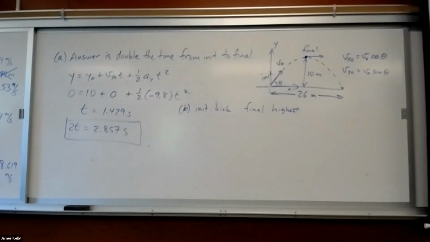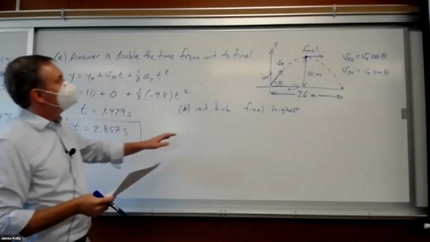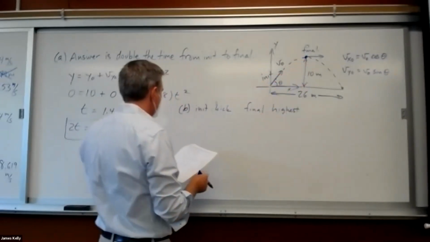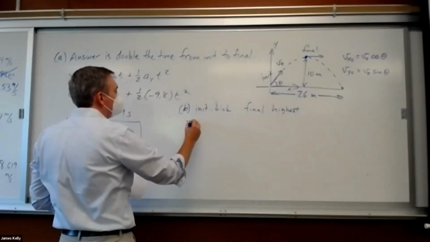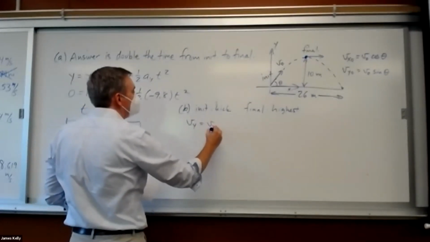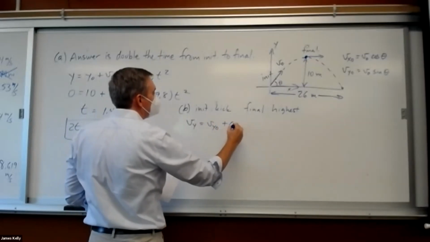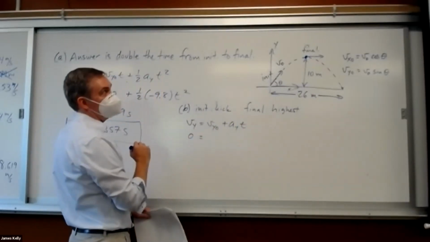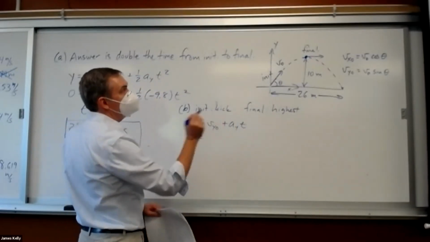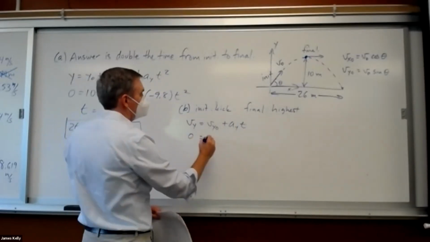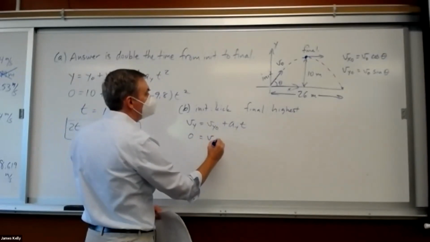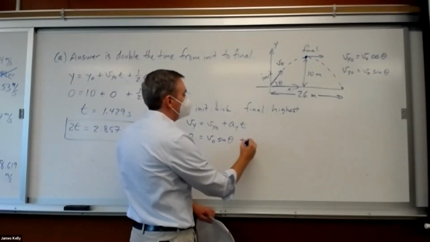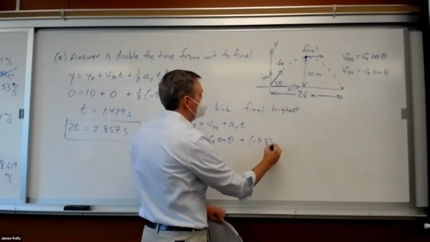Okay? So, because Vy is particularly simple at the final point, let's write down Vy as a function of t. Vy is equal to Vy0 plus Ay times t. Vy final is 0 for my final there. Vy initial involves the thing that I want. That's V0 times the sine of theta, plus Ay is minus 9.8.